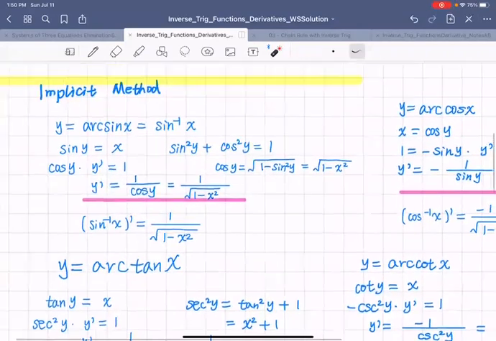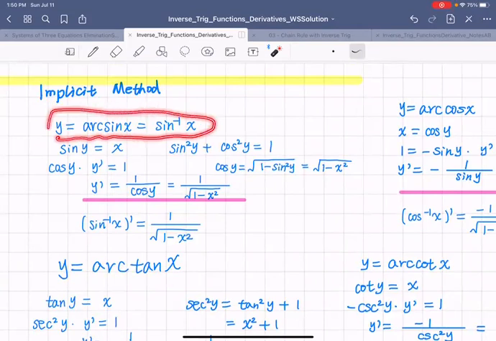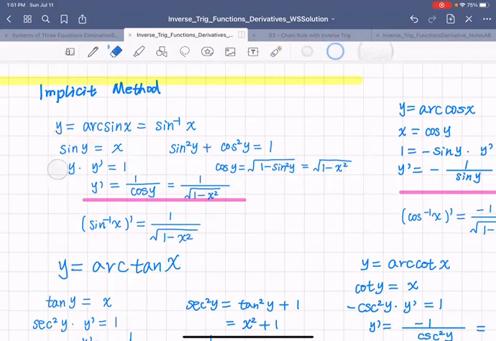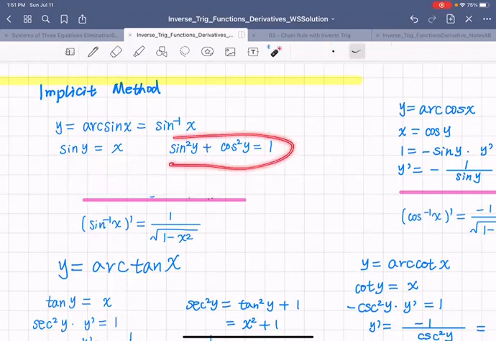Now let's see the first one. y equals sine inverse x. Writing down arc sine or writing down sine inverse, these two mean exactly the same thing. If you have this, you can say sine y equals x. Now, I leave the trig identities over here.